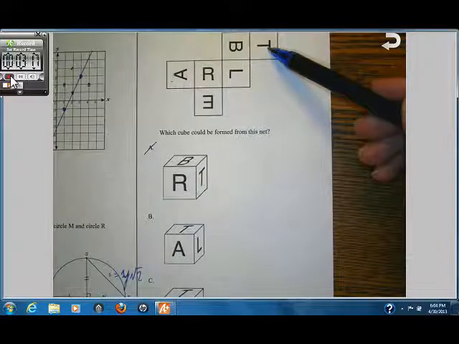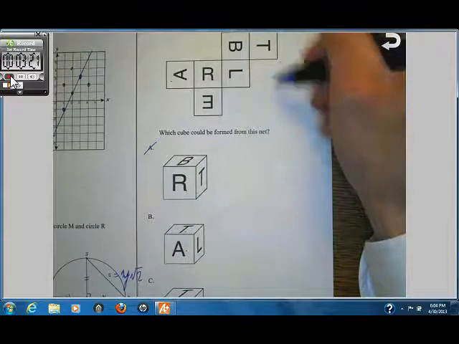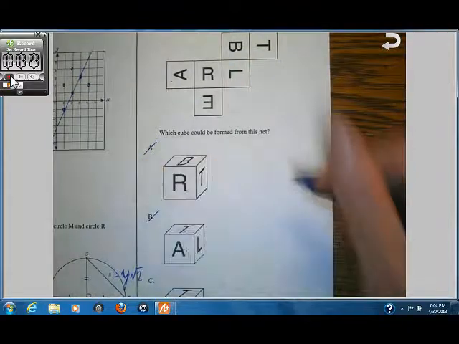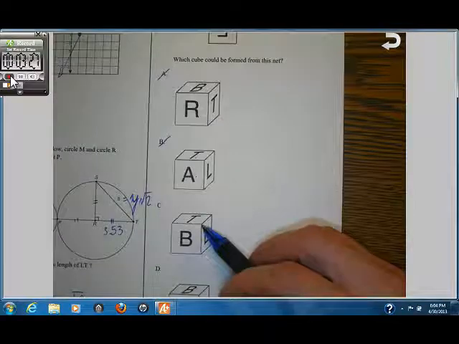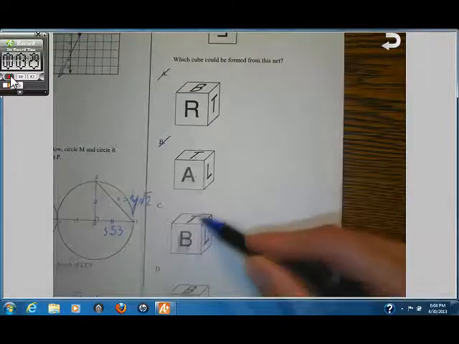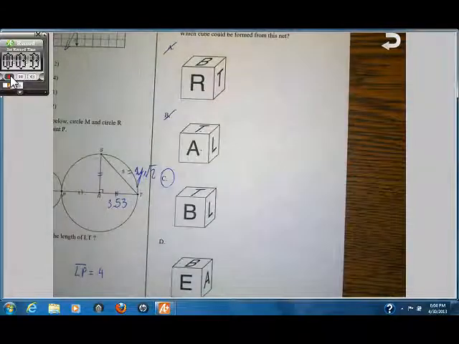So A is not adjacent to T in the original picture. Now if I look at B, L and T are both next to it in choice C. See, here's L, here's T, here's L, here's T. So the correct response actually was C. So that was fun.